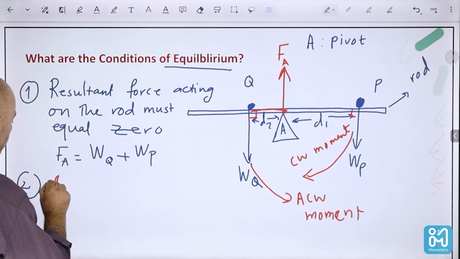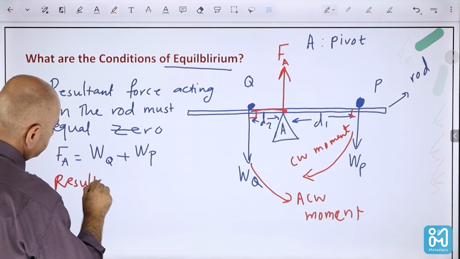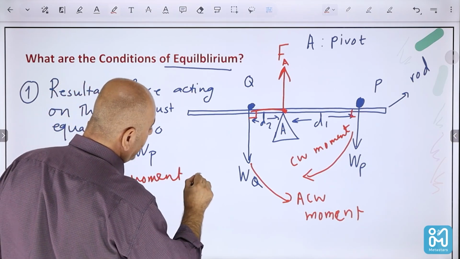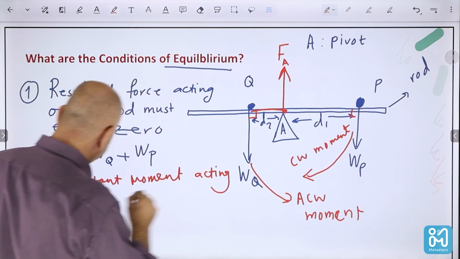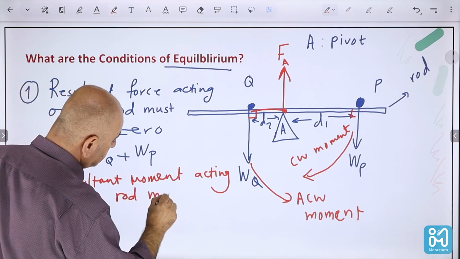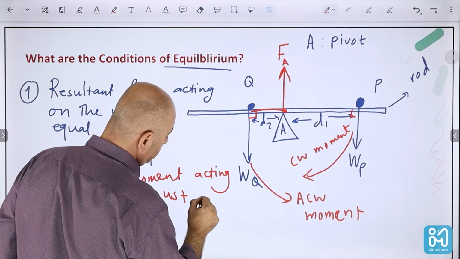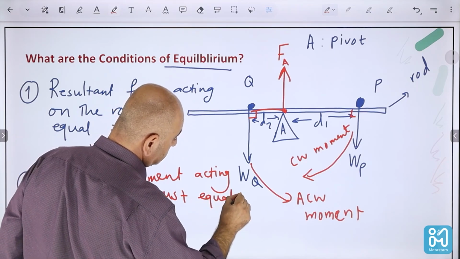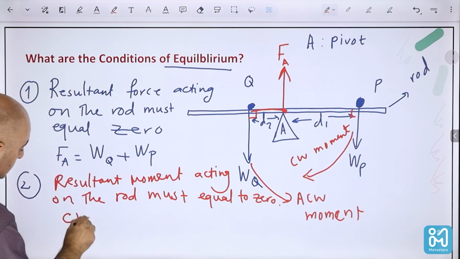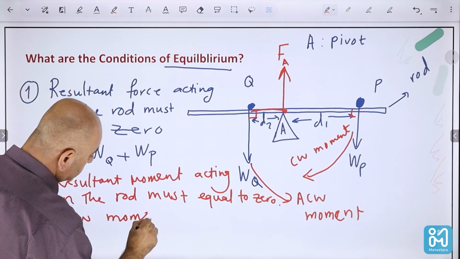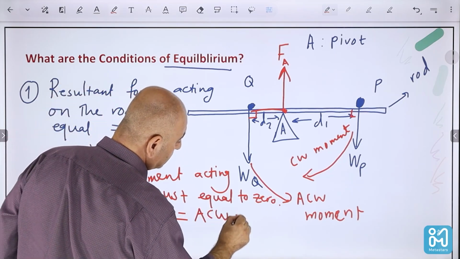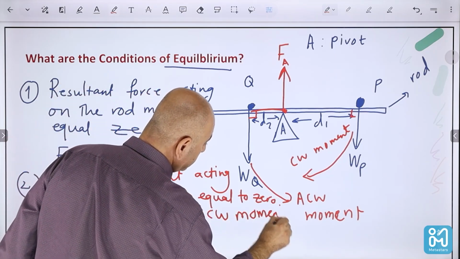So the first condition for the rod to be in equilibrium is that the upward forces must equal the downward forces, which means the resultant force acting on the rod must be 0. Also, the resultant moment acting on the rod must also equal 0. Which means clockwise moment must equal what? Anti-clockwise moment.